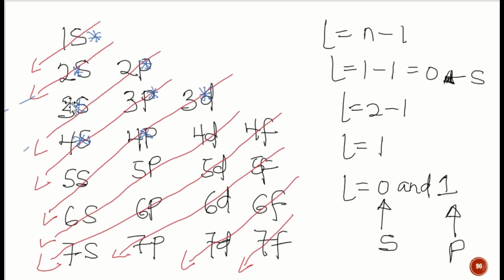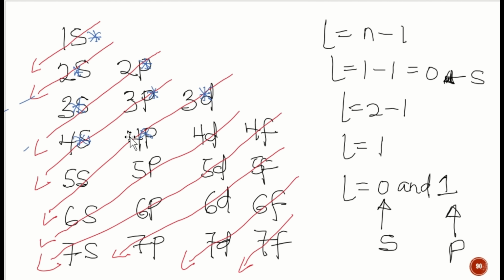If I move to the third energy level in that order, it will be 3 minus 1, which will give me 2. The range of values becomes 0, 1, and 2, which is the S, P, and the D orbital. So I'll have 3s, 3p, 3d. Then I'll continue to 4s, 4p, 4d, and then 4f.